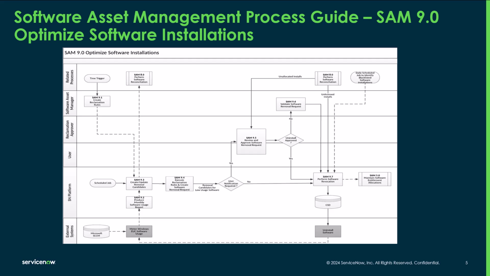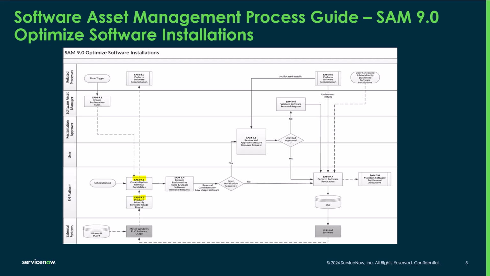When we start talking about removal candidates and reclaiming software entitlements, this is the process that talks about that. As you can see here, part of this process, we've got SAM 9.3, which is create and update removal candidates. We talked about how those can get created by the SAM manager as they're reviewing their license usage. We've also got SAM 9.2, which is the monthly software usage report.